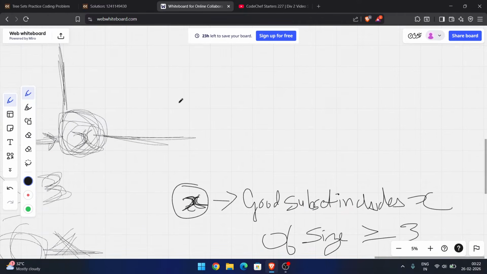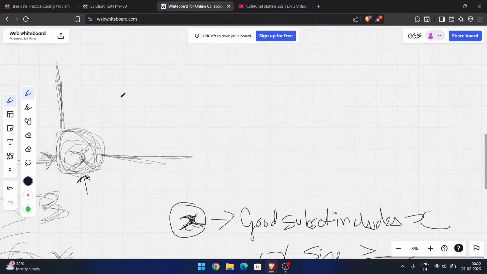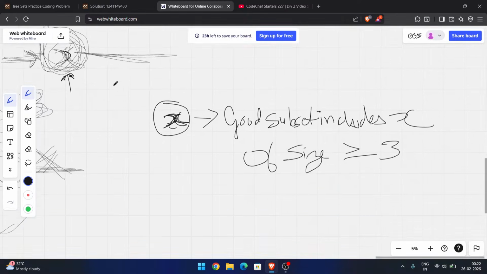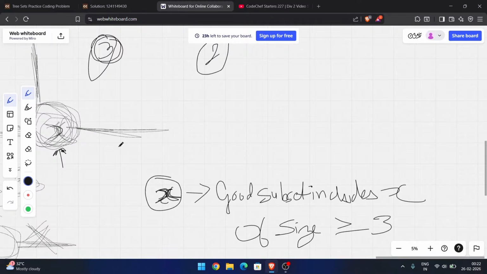If I pick this, I know that I have to include this element. Let's suppose I want the answer for 3. If I have to pick this one element, how many elements are left? These two elements. Now, is there a way that I can choose these two elements from only a single branch?